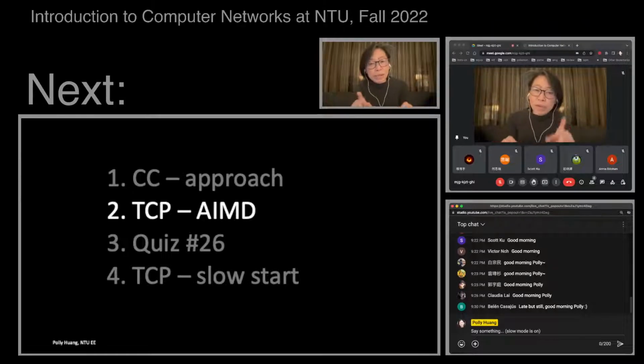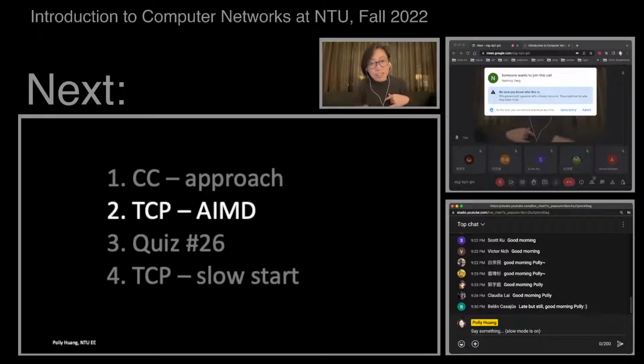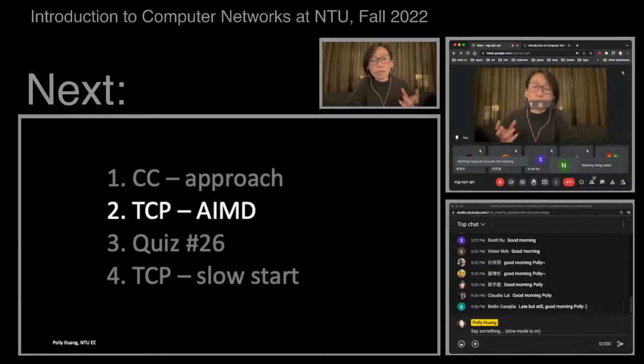We already said in chapters 1 and 2 that you don't want too much complexity in the middle of the network, in the core of the Internet. You want the complexity at the edge. That is why on the Internet we do congestion control at the end. We take the end-to-end approach.